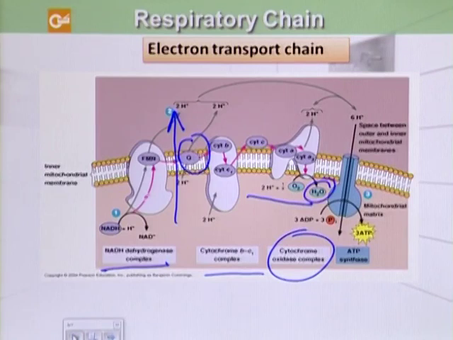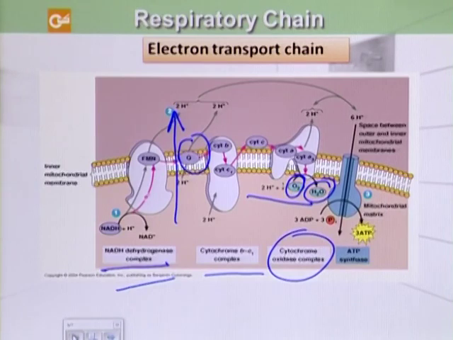This series of membrane-associated electron carriers is collectively called the electron transport chain, and you can see that NADH contributes its electron to the first of the electron transport chain, the NADH dehydrogenase. FADH2, which is also attached to the inner membrane of the mitochondria, also feeds its electron into the electron transport chain, later to ubiquinone, and it is the availability of a plentiful electron acceptor, which is oxygen, that makes oxidative respiration possible.